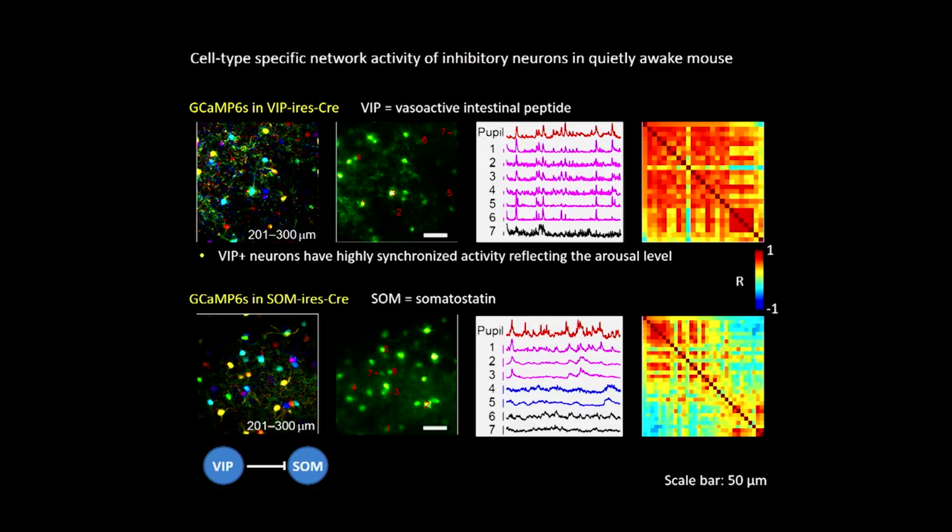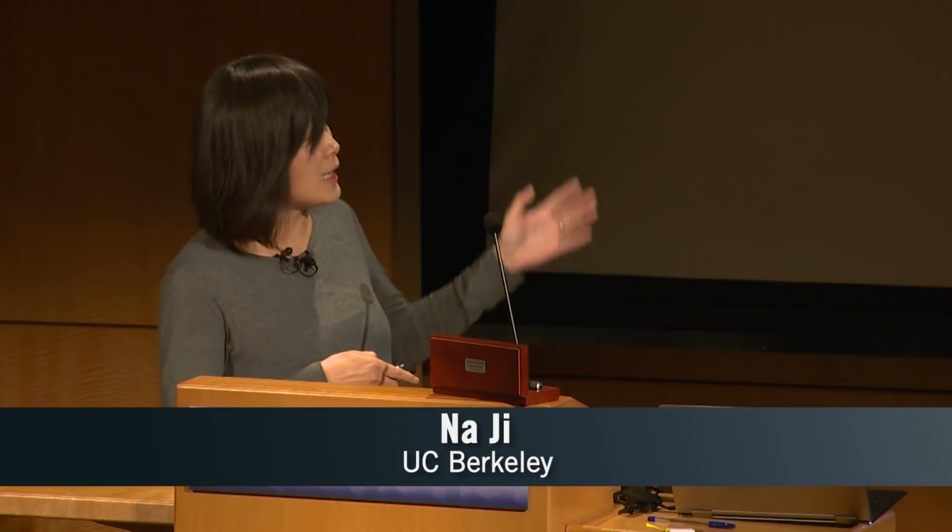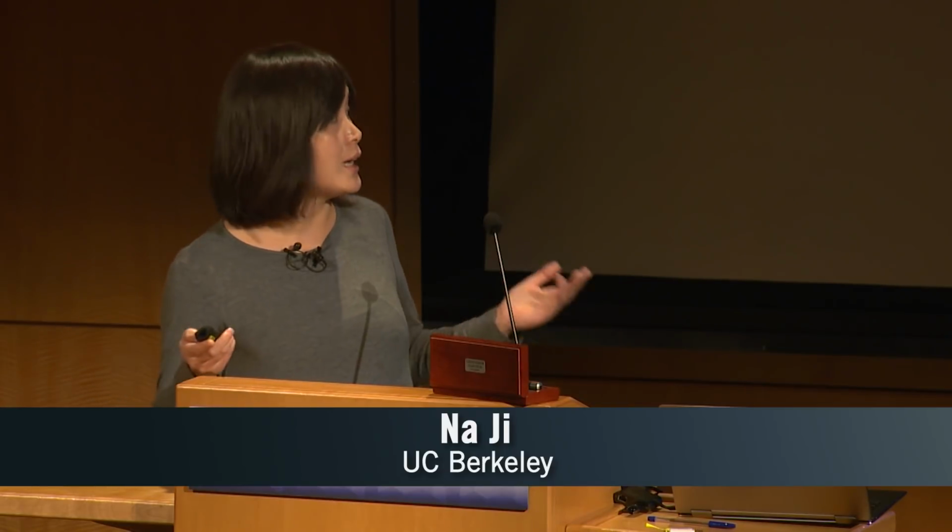So this is probably a too simplistic picture, and the somatostatin neuron really has heterogeneous activity that wasn't appreciated before. We actually didn't set out to make this discovery, but because we can image at high throughput, this kind of conclusion just naturally falls out of the data with a minimum amount of data analysis.